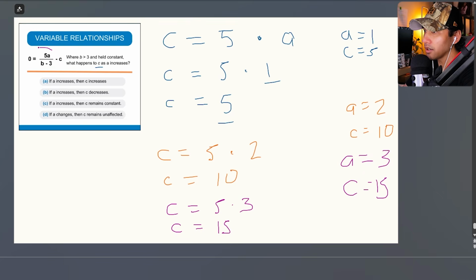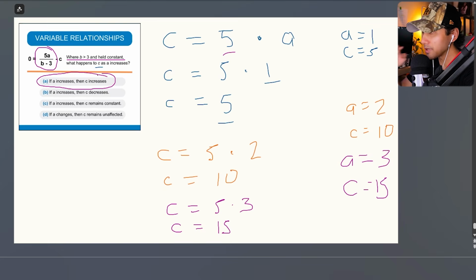This fraction part looks ugly, but since we took out the A from it, this 5 just stays constant because we chose 4 for B. The rules say B is greater than 3 and held constant. That's the most important part. So this never changes after I choose a number greater than 3. All we have to do is change our A. Looking at these answer choices, if A increases, then C increases, which is our answer.